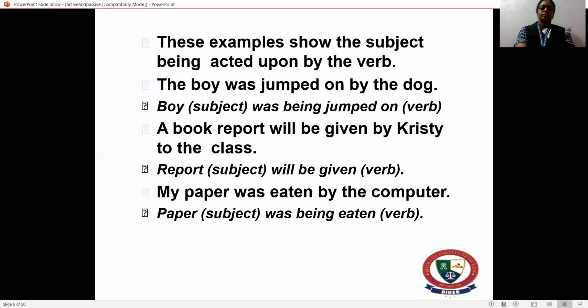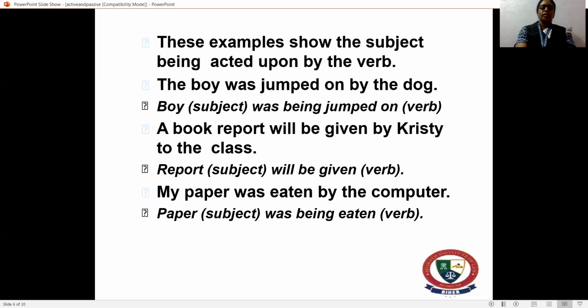Here, it is not the dog, but the boy has become the subject, which was being jumped on. So here, the subject is being acted upon. The subject and the object flip-flop, as we have already said, and the subject was being acted upon, like in the sentence, was being jumped on.